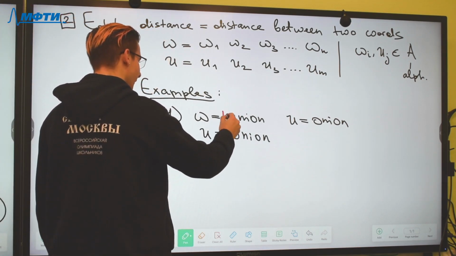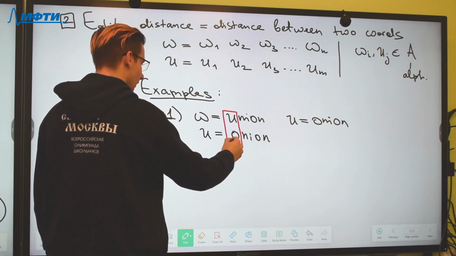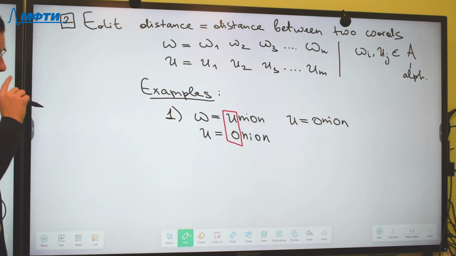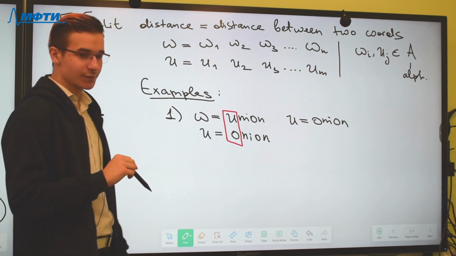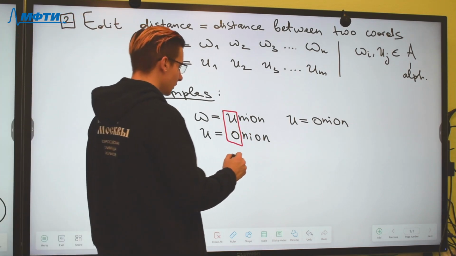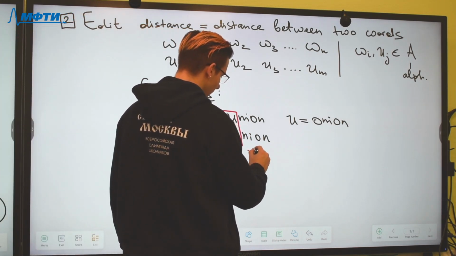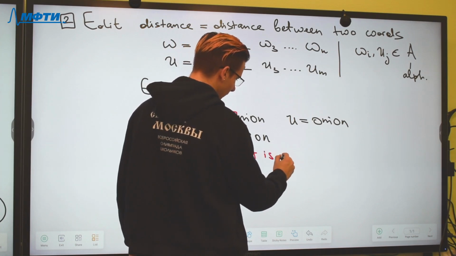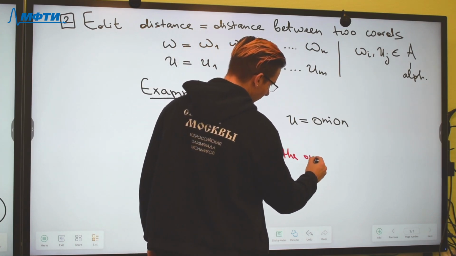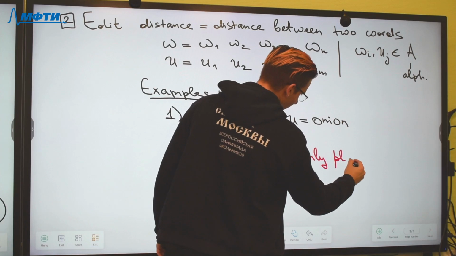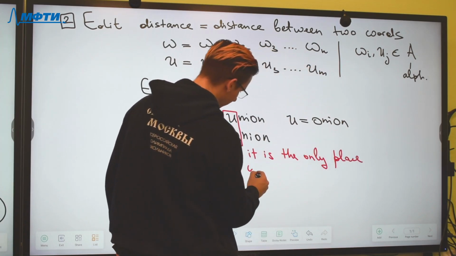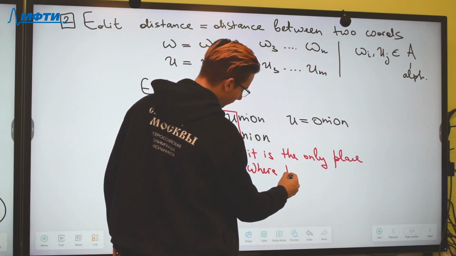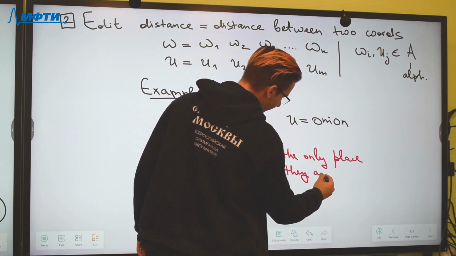And then we find the characters where they are different. It is the only place where they are different.